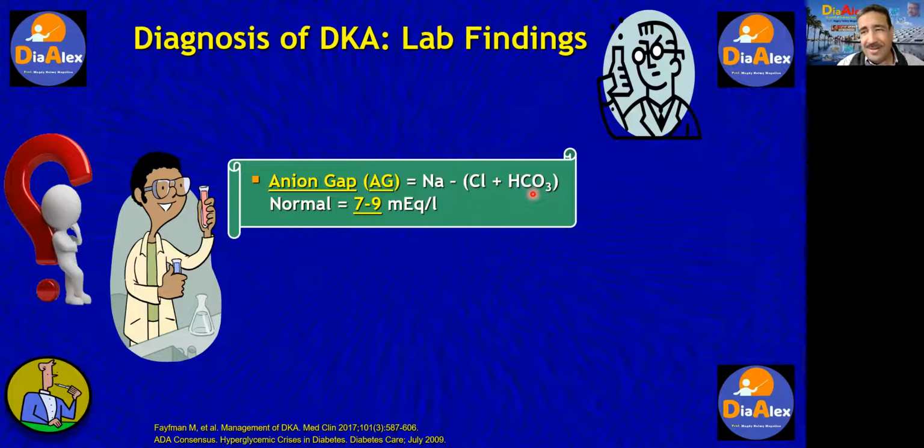So again, when you hear in the treatment that we have here wide anion gap, we need to care about the anion gap. What is anion gap? It equals sodium minus the sum of chlorides and bicarb. The normal anion gap is from 7 to 9. And when anion gap is more than 10, this is pathological. This is called wide or high anion gap.